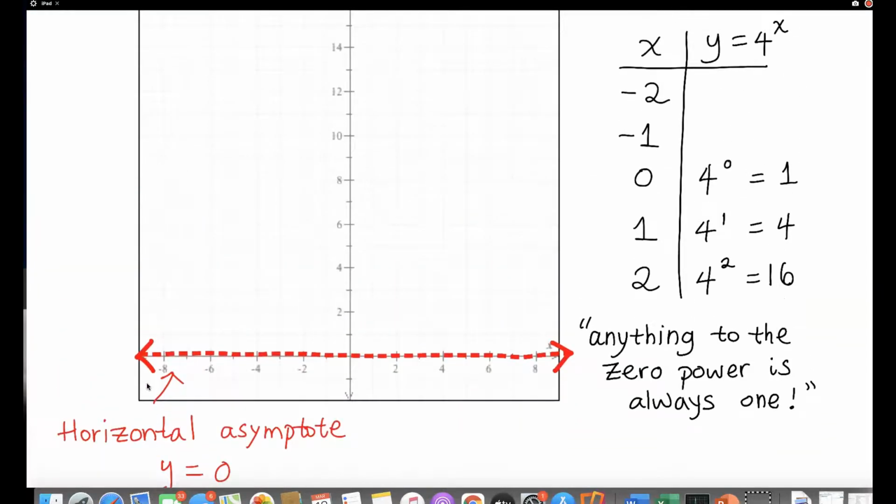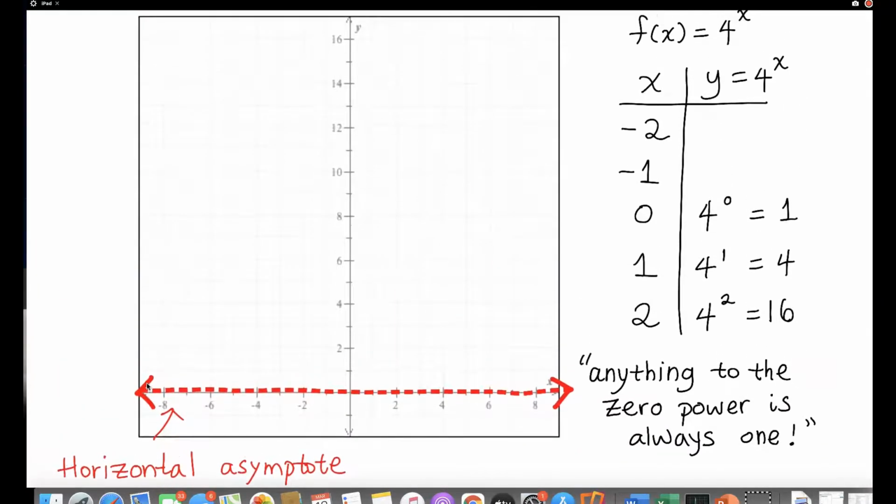Why? Well, we can talk about that in another video. But you guys can do this on your scientific calculator if you want to. Next one, I'll do 4 to the negative first power. That is 1 over 4. And 4 to the negative second power is 1 over 16.